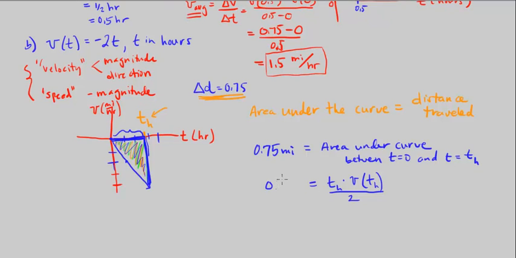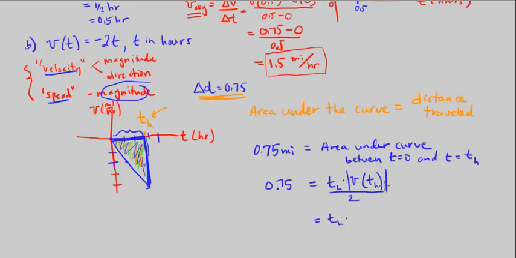On the left, we still have 0.75. Then we can substitute V at T sub H into this equation, and we get T sub H times, well, do we really care about velocity? I'm going to speak about the negative right here. We don't really care about the velocity, we just care about the speed, so we just need the magnitude, not the direction.